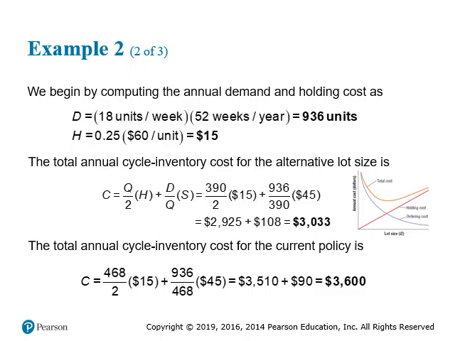You might say, well, it sounds like we're spending a lot more to hold than we are to order. So we're on that graph that we had a couple of slides back. We're on the high part of the holding cost line, and we're on the low part of the ordering cost curve.